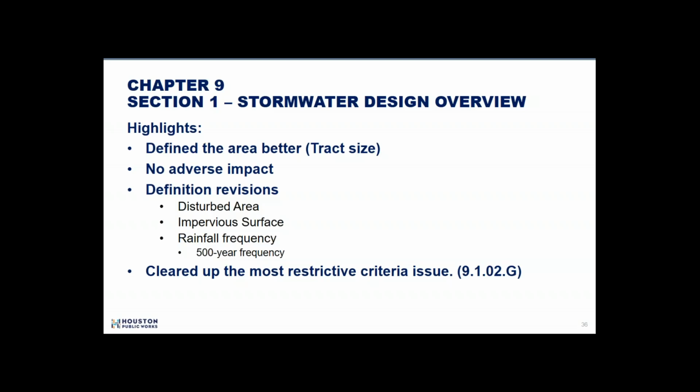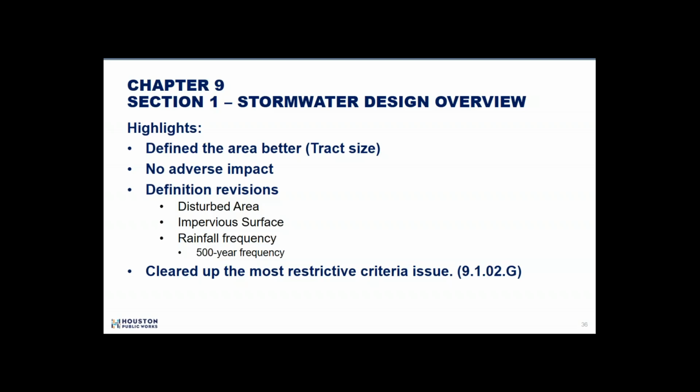But there is something looming out there. I'm going to hit on it a little later, but I'll say it right now: we are looking at a unified detention criteria with the county. So if that's one of your questions, wait for that. I'll talk about that in a little more detail a little bit later.